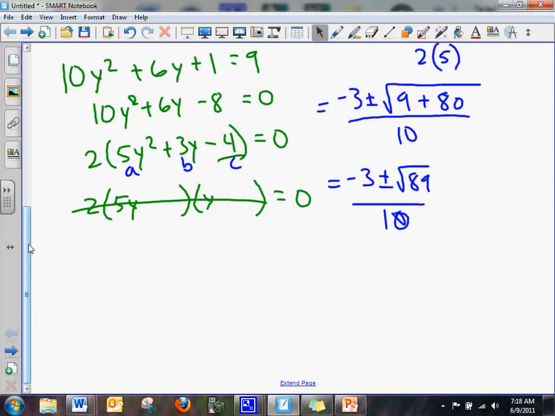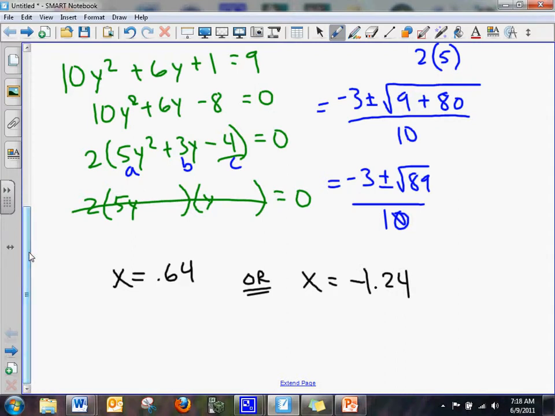So our first solution is 0.64. Our second solution is negative 3 minus the square root of 89 divided by 10, which is negative 1.24.